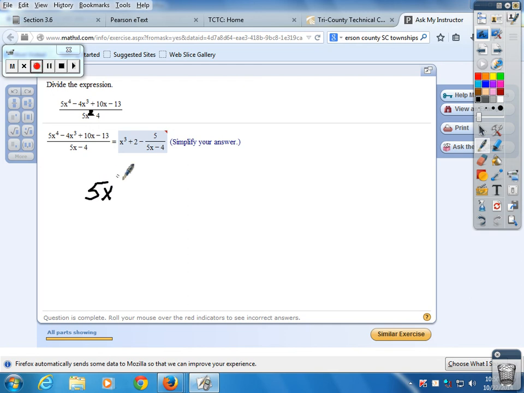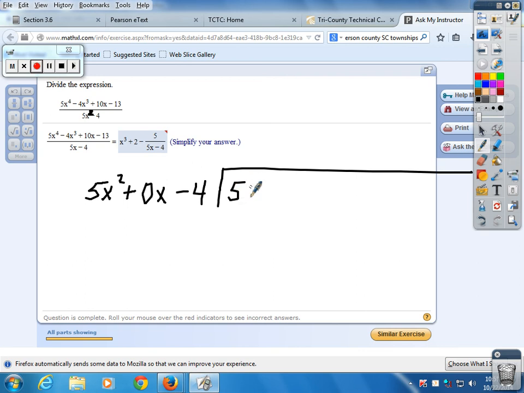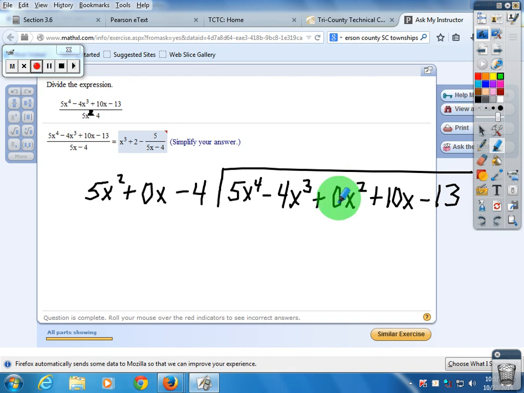It would be 5x squared plus 0x minus 4 into 5x to the fourth minus 4x to the third plus 0x squared plus 10x minus 13. Just like the last problem, you have a placeholder term here, because 5x squared minus 4 is missing that spot.